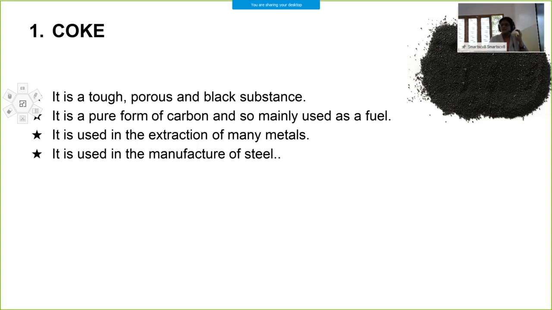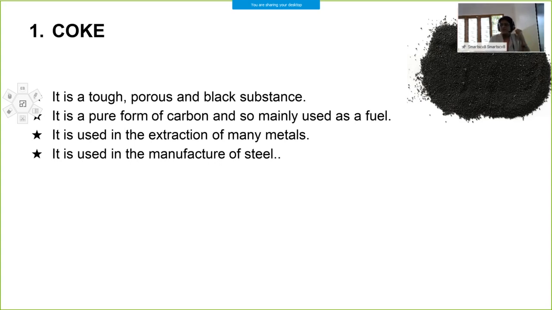So we say that coke is used as a reducing agent in the extraction of many metals, right? The next use is that it is also used in the manufacture of steel. So these are the uses of coke. Coke is a very useful substance. In the video you saw the final product in that test tube after liberating all the other things like coal tar, coal gas and ammoniacal liquor.